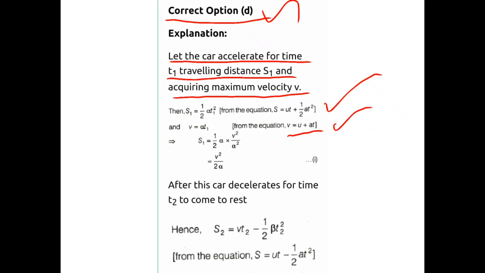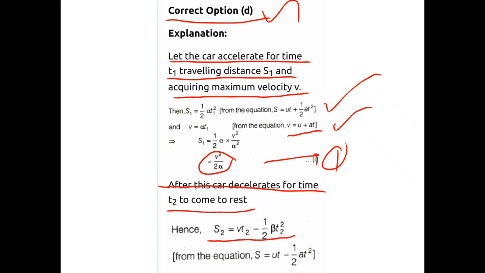So s1 is equal to v square by 2 alpha. This is equation number 1. After this the car decelerates for time t2 to come to rest, so s2 is equal to vt2 minus half beta t2 square, from the equation s equal to ut plus half at square.